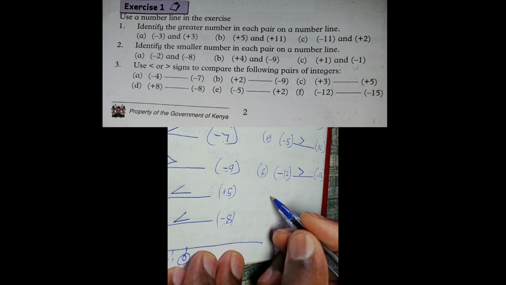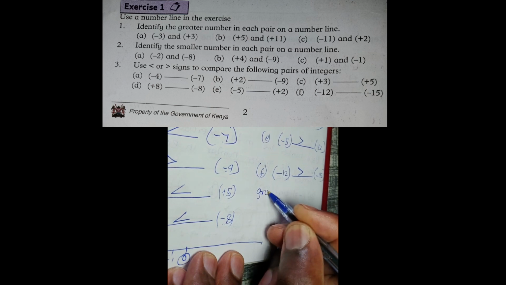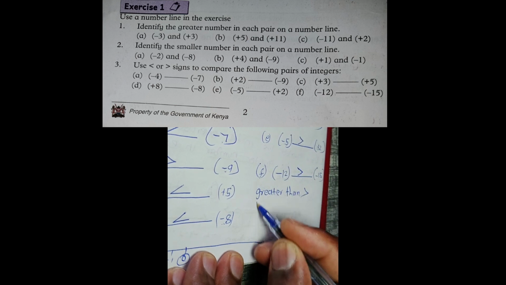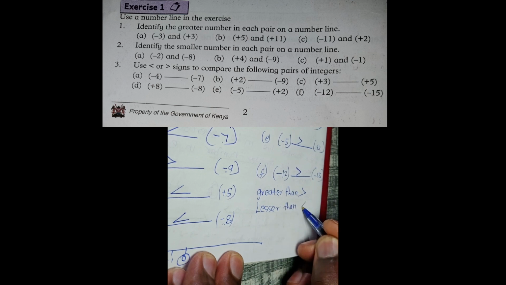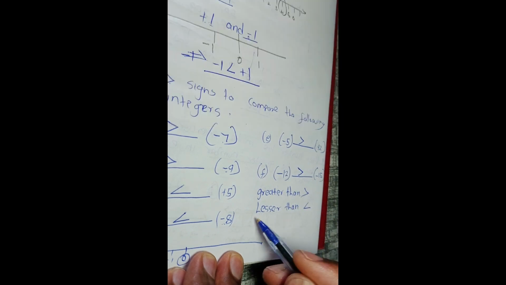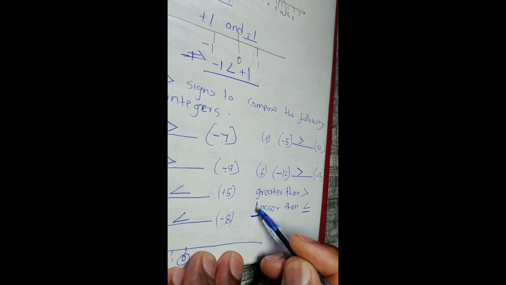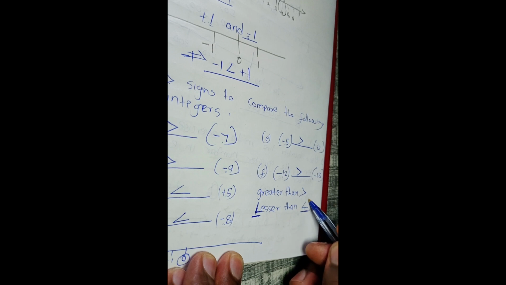To differentiate between greater than, which is written like this, and lesser than, it's a sign that confuses a lot. If you check lesser than, this is L and this is its sign. So for lesser than, you only write the word lesser than with the letter L. So the L is the one which is lesser than.